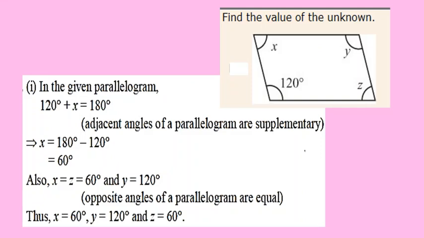Z plus 120 should be 180. Y plus z should be 180. X plus y also 180. Any of these you can use. You will get z as 60 degrees. X is opposite to z, so it is also 60 degrees. Remember that. So it is easy: one angle is given, you have to find all the angles.